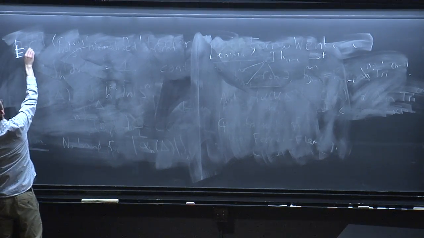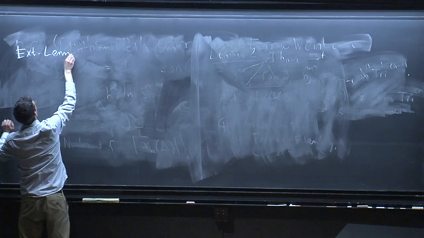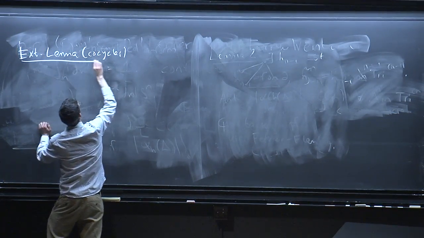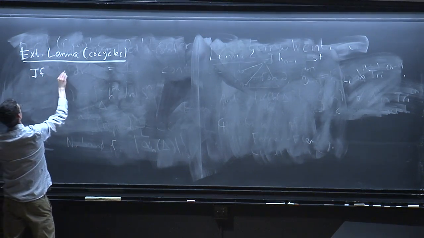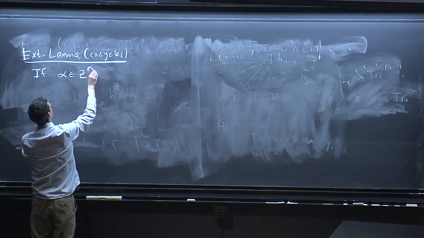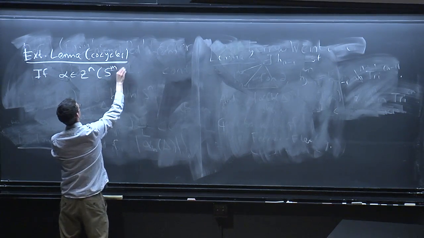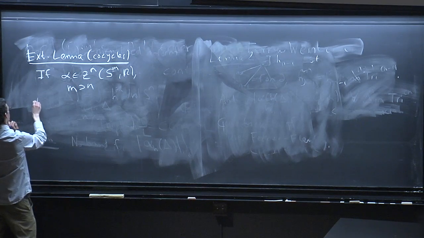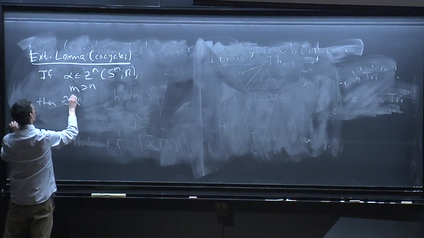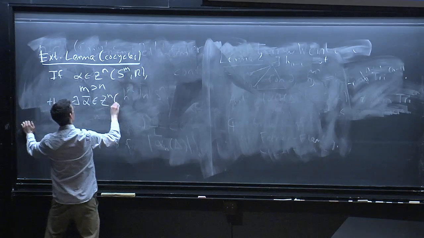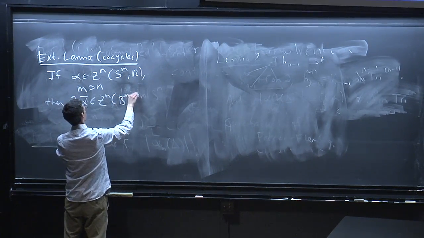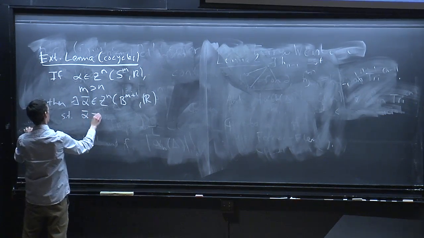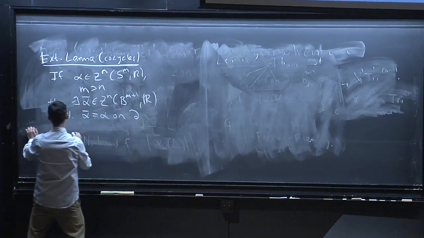Extension lemma, cocycles. So if alpha is a cocycle on the sphere, and let me say that m is bigger than n here, then there exists alpha bar, a cocycle on the ball, so that it's an extension, and it's not too much bigger.